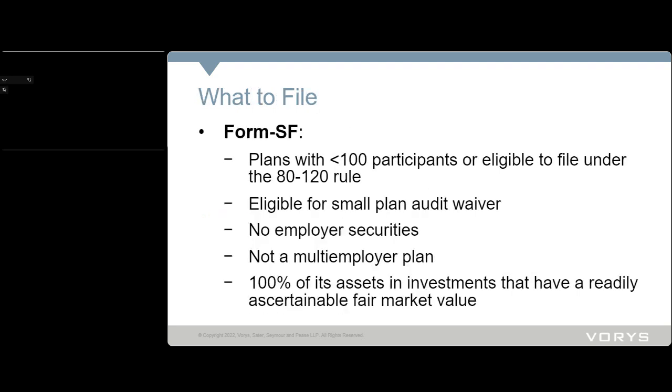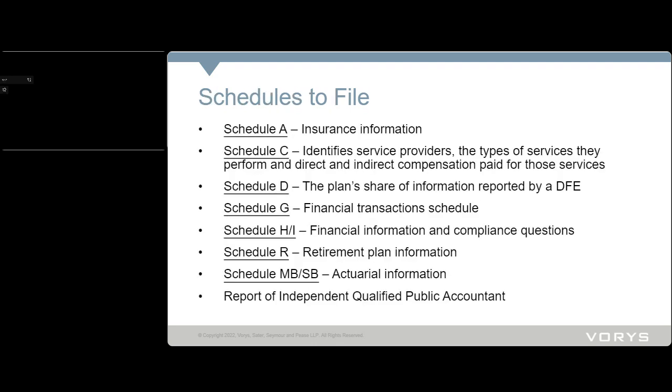Just as a reminder, let's talk about what needs to be filed. Obviously, the Form 5500, unless you qualify for the simplified form, the Form 5500-SF. I put on here some of the folks that might qualify for that, and then here's a slide summarizing the different schedules that may apply.